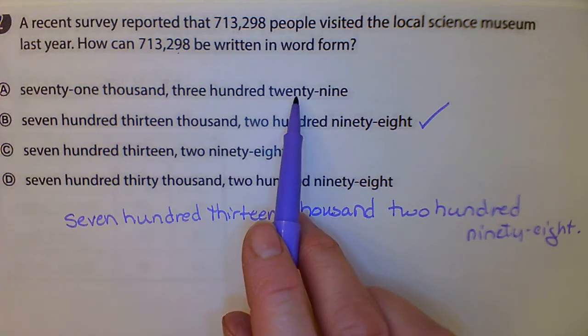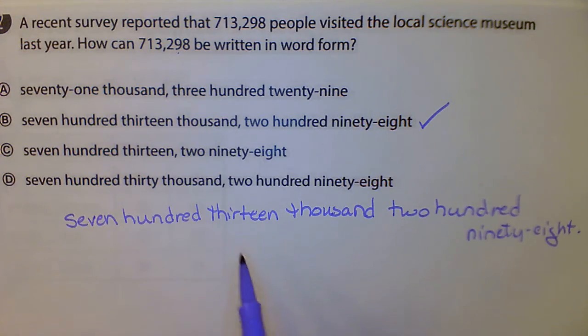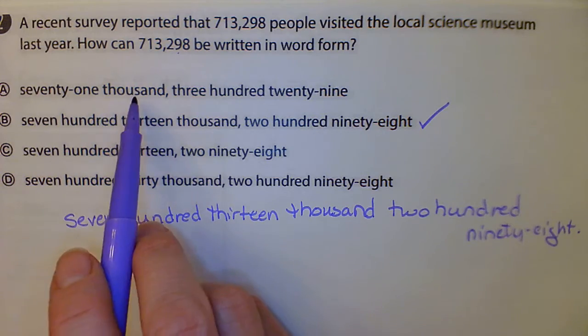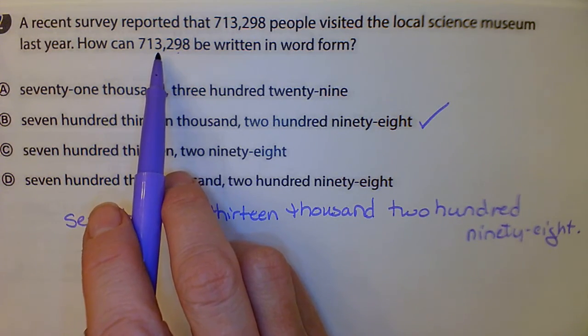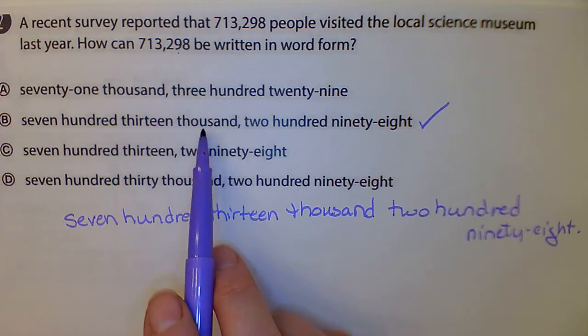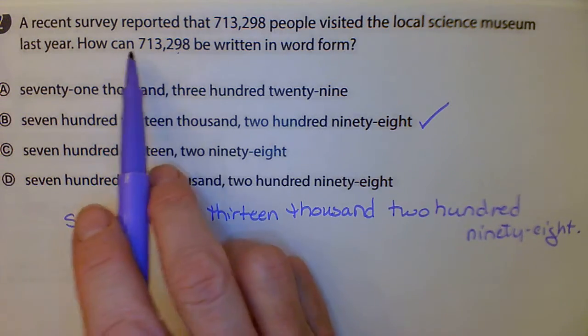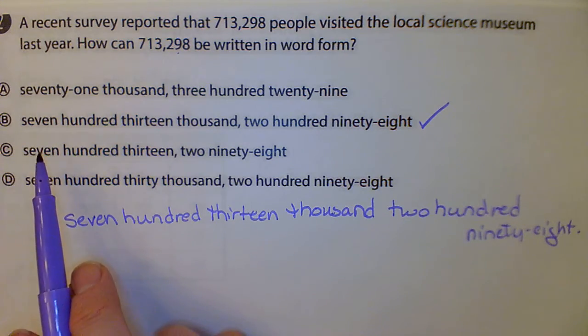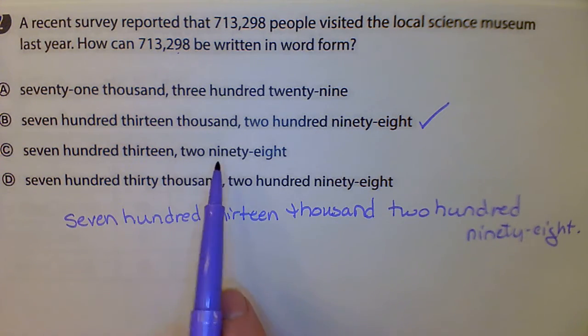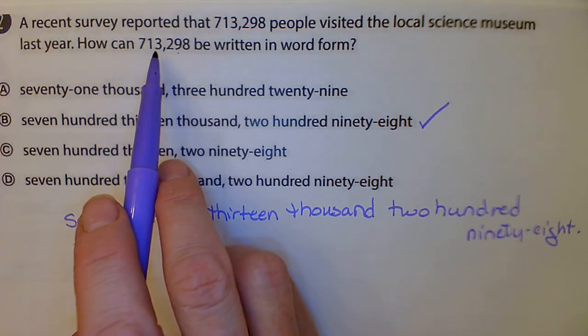Now, I want to tell you another way you could do this. You could read each one of these and then read this aloud and see which one matches. So you could say 71,328, 713,000, oh, not a match. 713,298, that's a match. Let's look at this one. 713,298, 713,000.